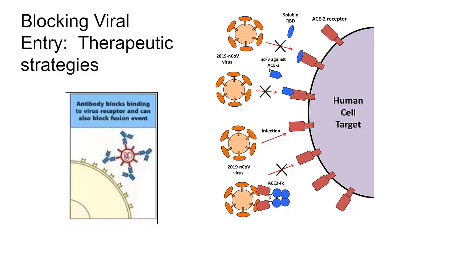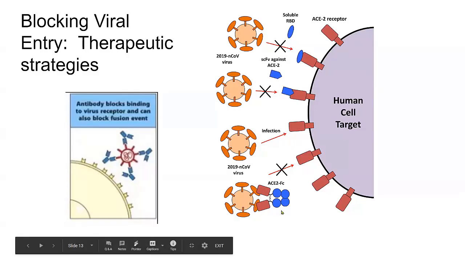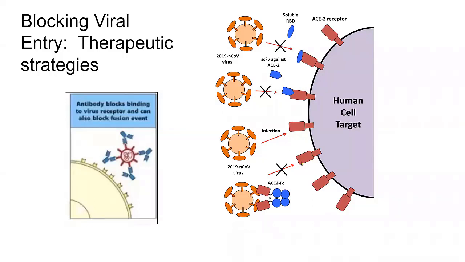This one is a different approach. It's not the viral protein, but the effect is the same. Make something that sticks to the ACE2 receptor, and if it's docked, then the virus can't come in. This last strategy here is a different approach. This is to say, can we make decoys? That one's a decoy.